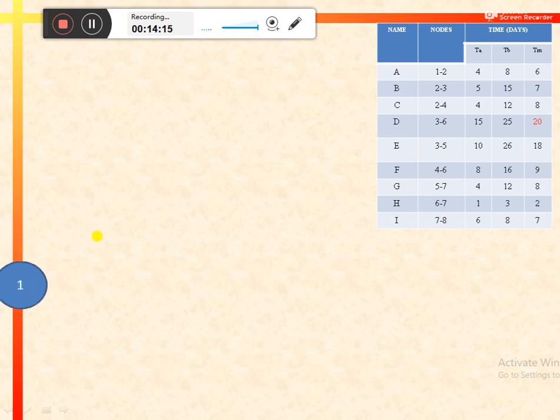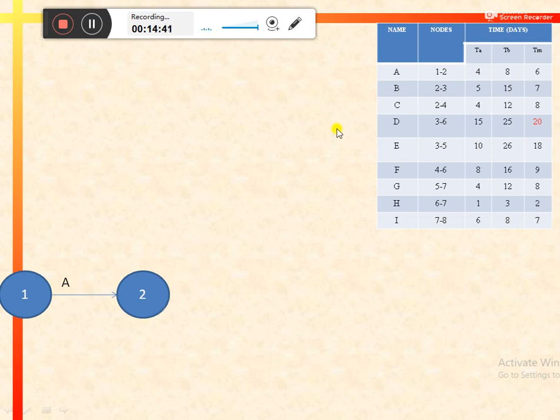So first of all, we need to draw node 1 and represent activity A like this. Here 1 and 2 denote the nodes of the activity. 1 is the starting point of activity A and 2 is the ending point of activity A.